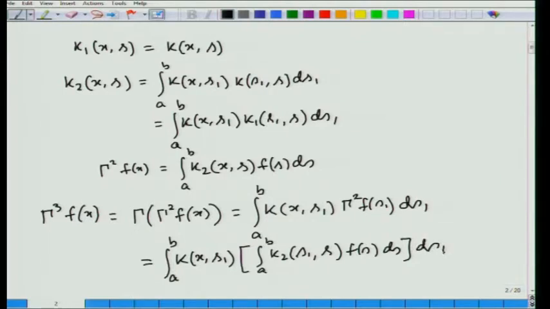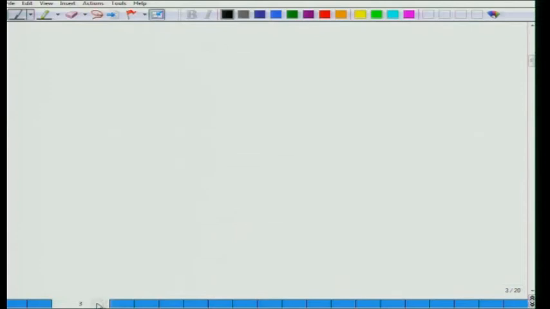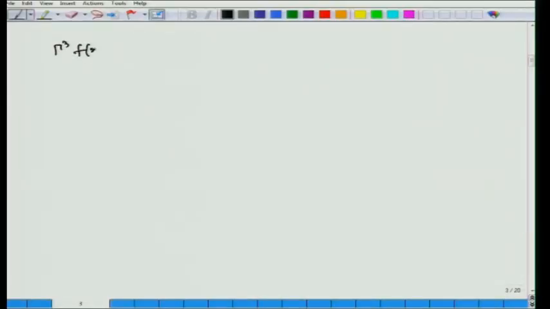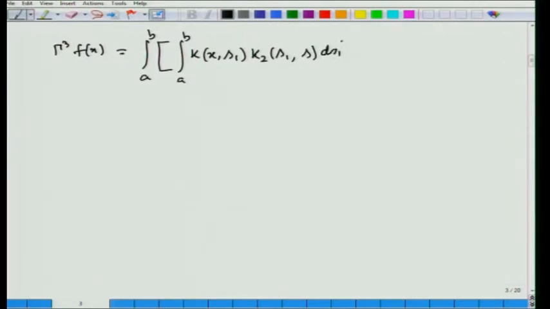Again interchanging the order of the integration, we can write Gamma 3 f x equal to integral a to b, then integral a to b k of x comma s 1, then k 2 s 1 comma s d s 1 multiplied with f s d s.